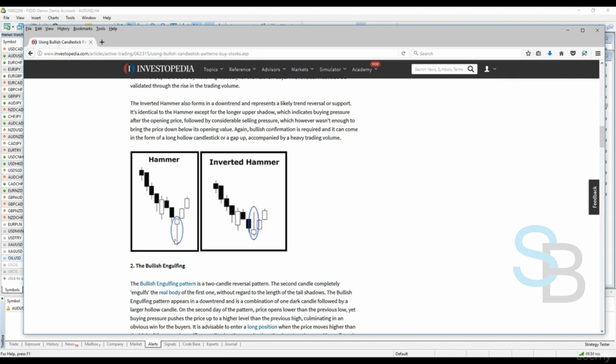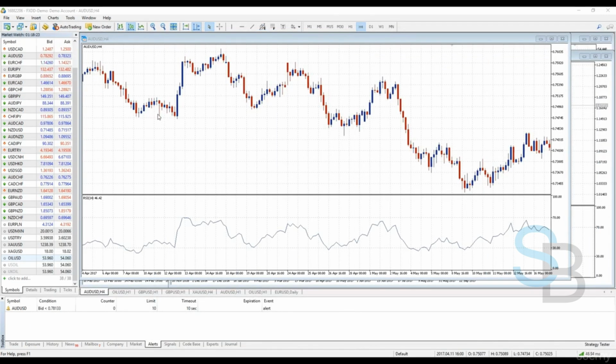I mean bullish in the sense where the candle body is white, so it's a bullish candle. But even where we see black hammers, they could still give us a clue that we might see some sort of reversal.